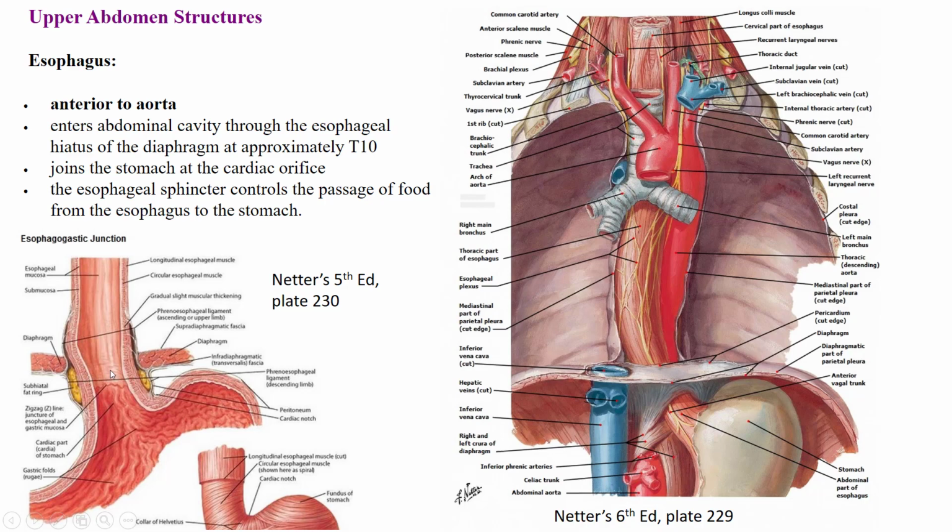And if you look over here at the side, you've got the diaphragm here on either side of the esophagus, and then the esophageal sphincter that controls the passage of food from the esophagus to the stomach.